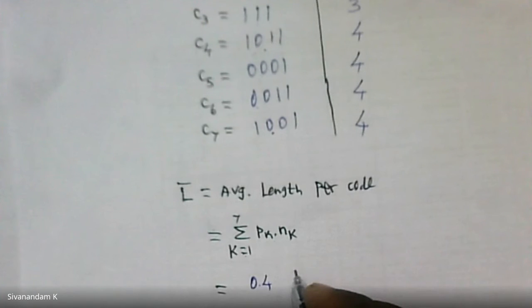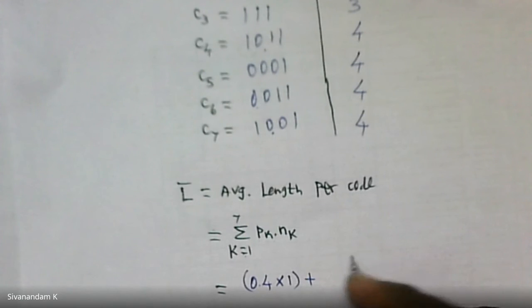Respective coding length is 1 plus second message probability is 0.12. Respective coding length is 3.